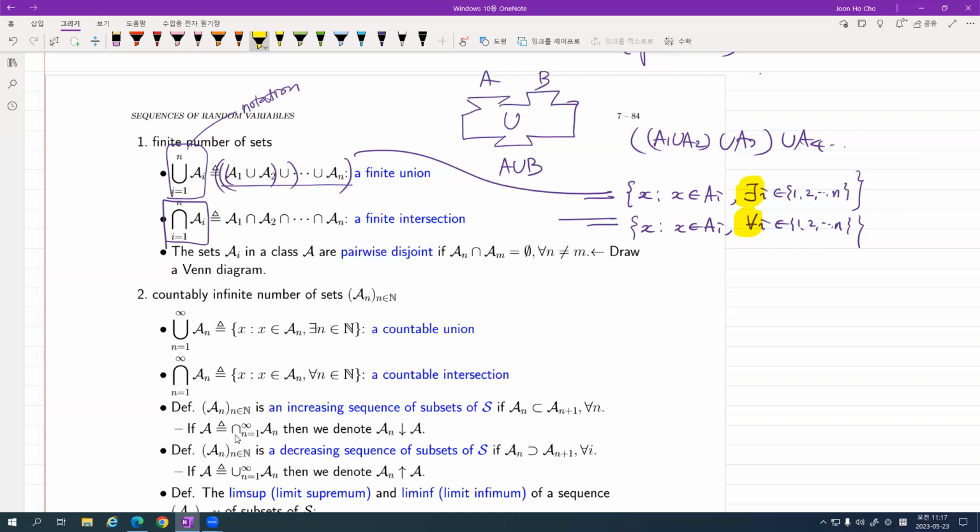Then countable union means that at least one member exists such that your X is the member of that subset. Here, for all subsets, your candidate X must be a member. Got it? So far, so good.